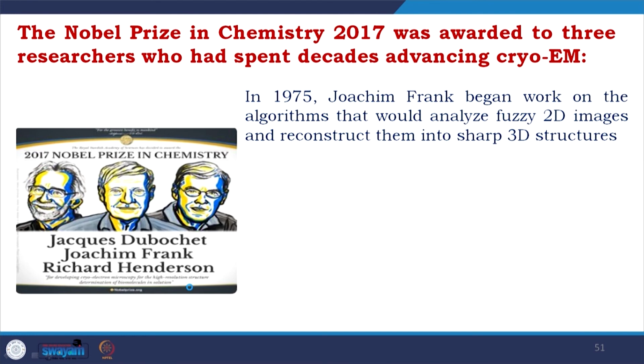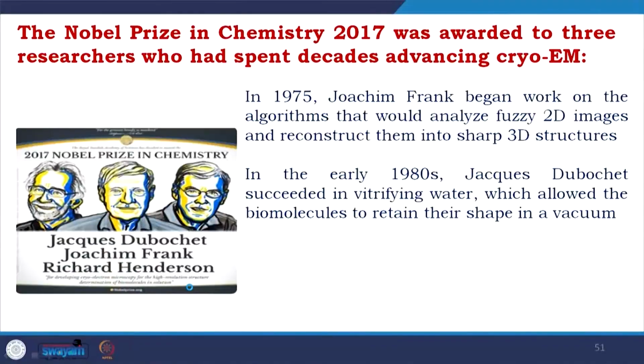What they did, we discussed in detail, but to summarize: in 1975, Joachim Frank began work on the algorithms that would analyze fuzzy 2D images and reconstruct them into sharp 3D structures. So, from the 2D micrograph to a model, that is where Joachim Frank stands. In the early 1980s, Jacques Dubochet succeeded in vitrifying water, which allowed biomolecules to retain their shape in a vacuum.